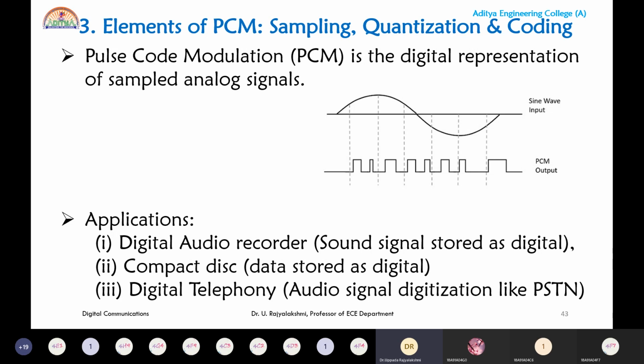What is the first one? Pulse code modulation. It is the digital representation of sampled analog signals. It means that the input is analog. The input is nothing but the message signal.